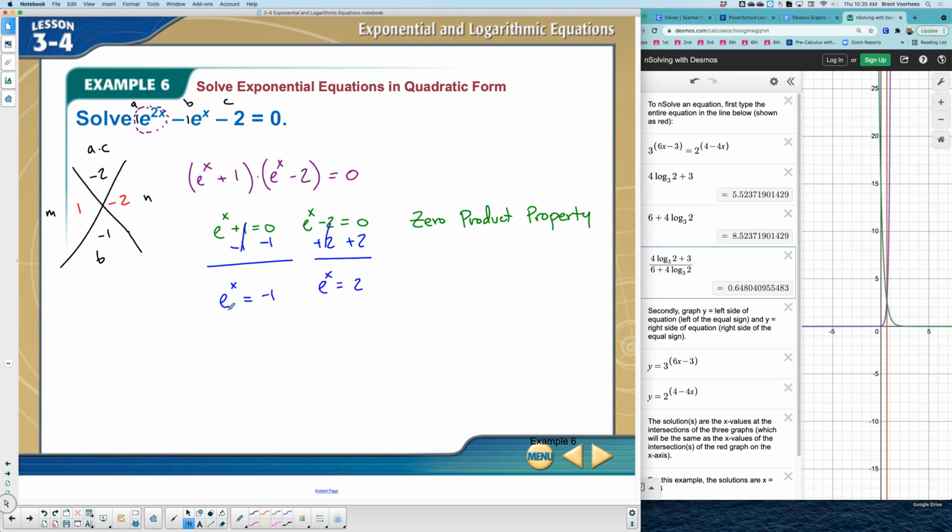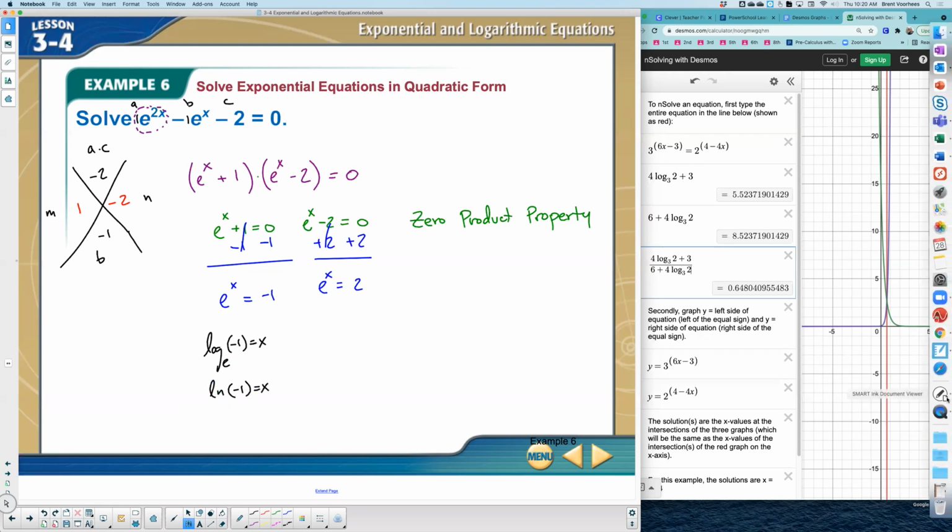We're going to have to find out that this is not a legitimate answer. e to any power cannot be negative, but the way you would determine that is you would switch it to a logarithm, and you would say log base e of -1 has to equal x, which is the same thing as natural log of -1 equals x, and this is not possible.